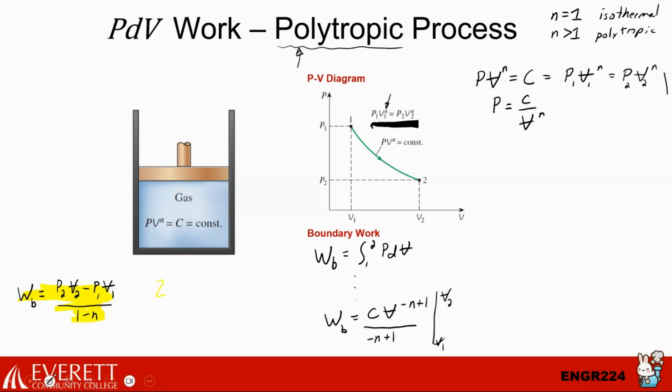what do we know? We know that we have that compressibility factor, Z, and that Z is going to be equal to 1. Therefore, ideal gas behavior, which means that our work at the boundary can then be approximated with this, which kind of makes sense if you go back and plug stuff in, but I'm writing it out for you so you don't have to do the algebra. 1 minus n.